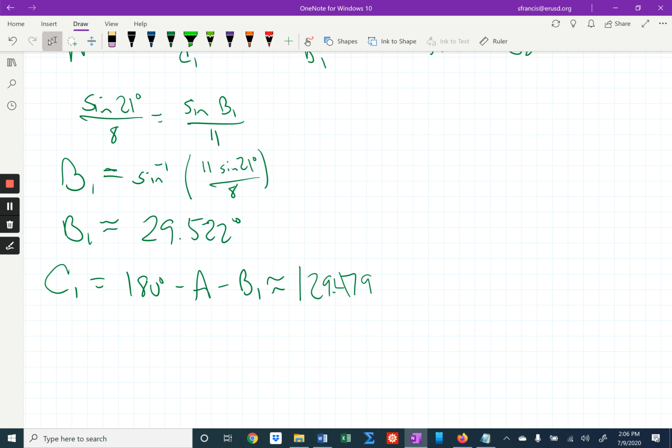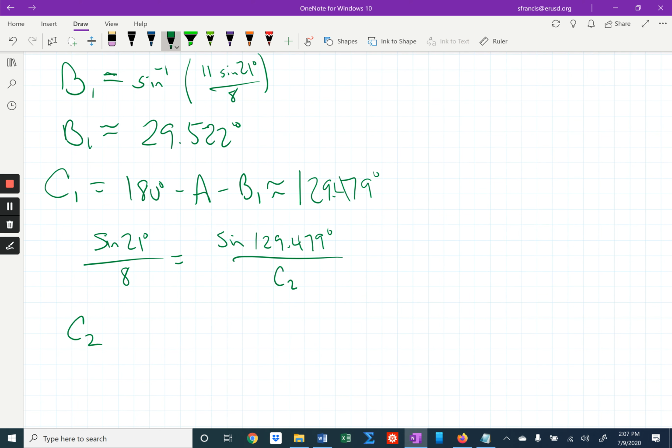Look at the wrong angle. So the sine of 21 degrees over 8 would be the sine of, this is in degrees here, 109.49 degrees over C sub 2. And so C sub 2 will be approximately equal to 8 sine of 129.479 over the sine of 21 degrees.